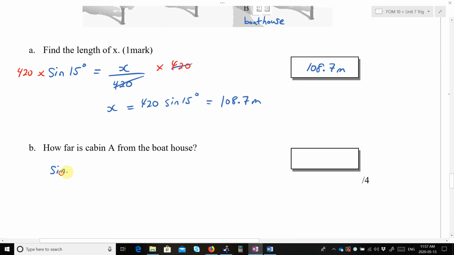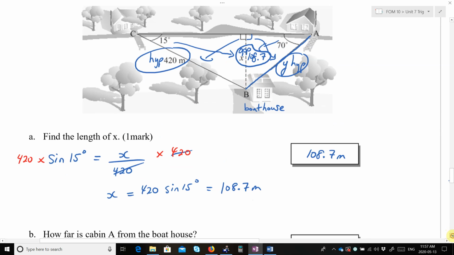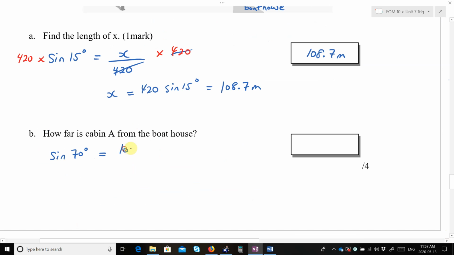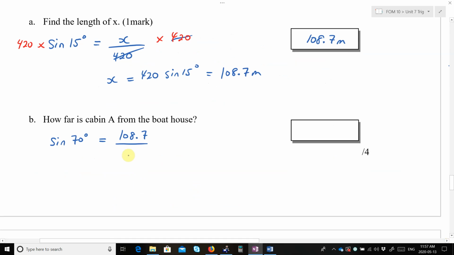So it will be sine of 70 degrees is equal to ultimately that x that we found, 108.7, divided by y, the hypotenuse.